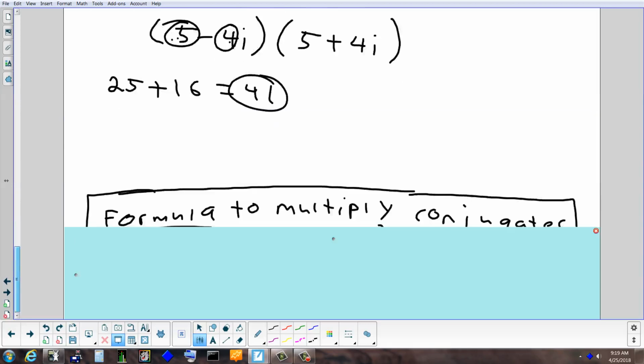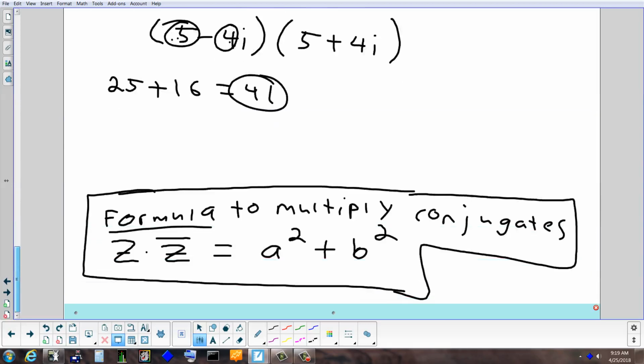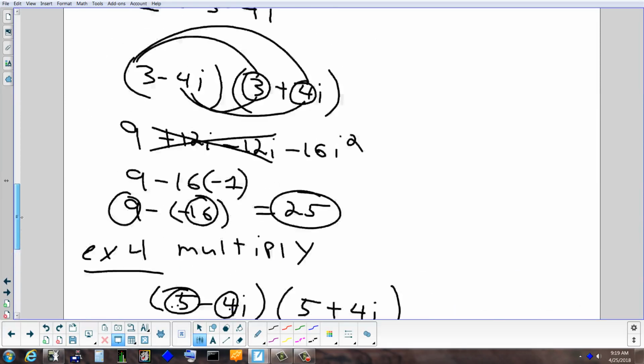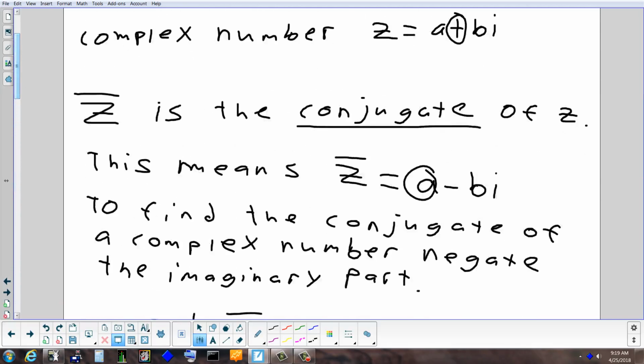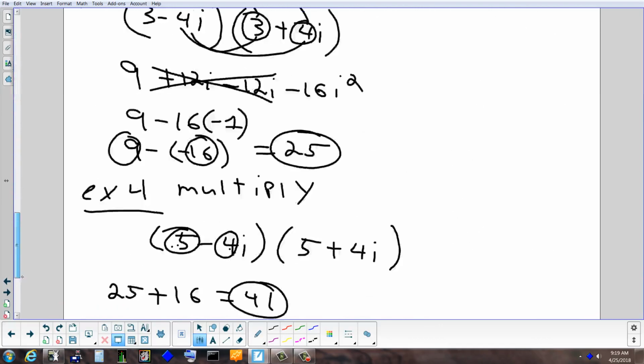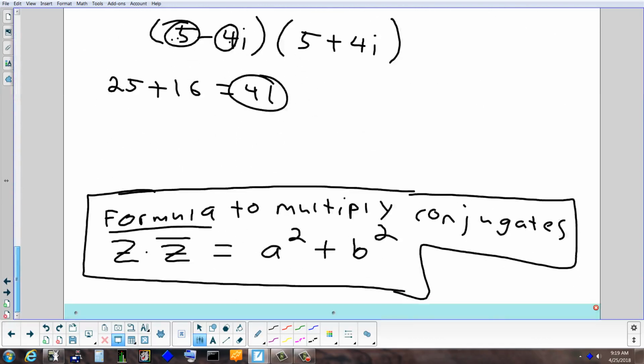Okay, so here's the shortcut. To multiply two conjugates together, as long as you're following the setup I have up here, as long as A is the real part and B is the imaginary part, square the A, square the B, not the i, just the A, just the B, and add them up.